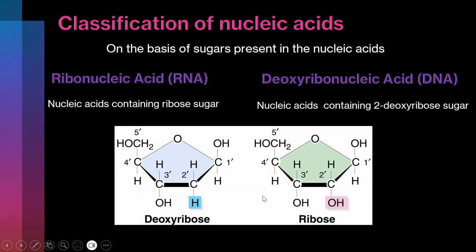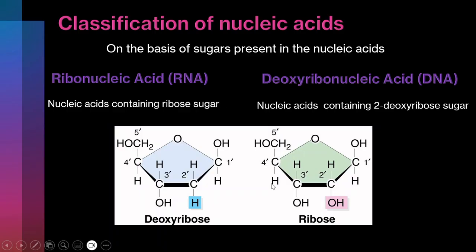So let us concentrate. These are both furanose structures. In the case of ribose, draw a 5-membered pentagon with the oxygen at the top, and the carbon right of the oxygen atom is numbered as 1. There is an OH on the upside and H on the downside. On the second carbon, the H is on the upside, OH is on the downside. On the C3 carbon also, we have OH on the downside, H on the upside.